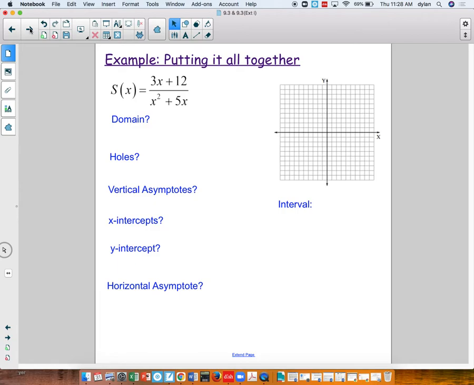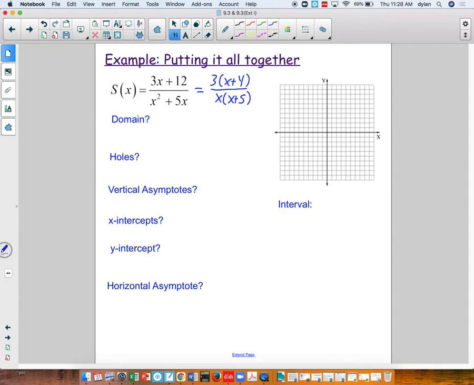So step 1 says, factor if necessary, determine the domain. In this case, this can factor, at least to some extent. We can factor this into 3 multiplied by x plus 4 divided by x times x plus 5. The reason that we want to factor these is to check in case anything cancels out to simplify our rational function.